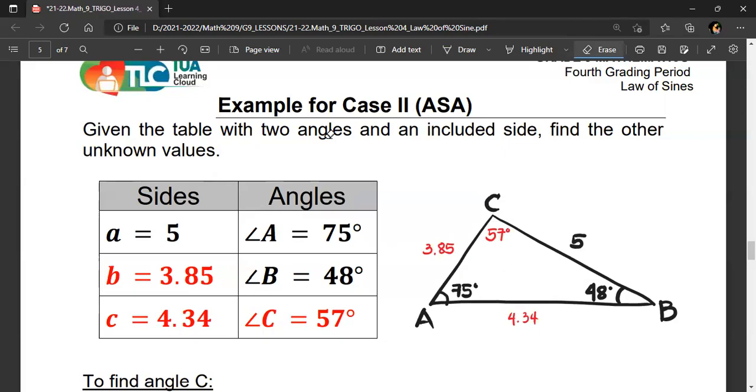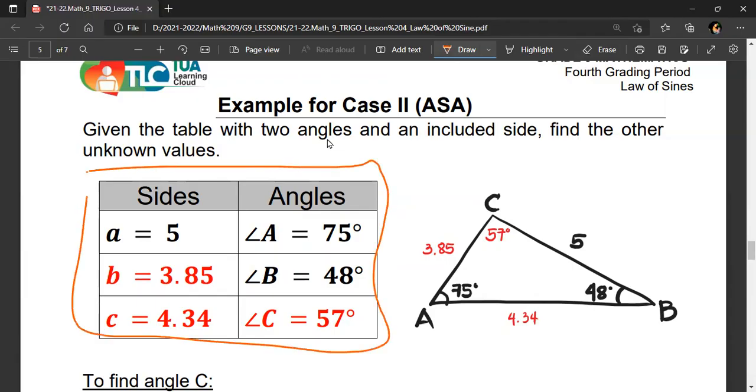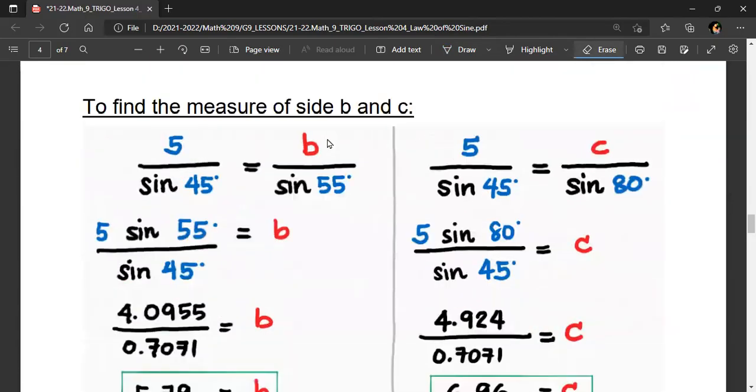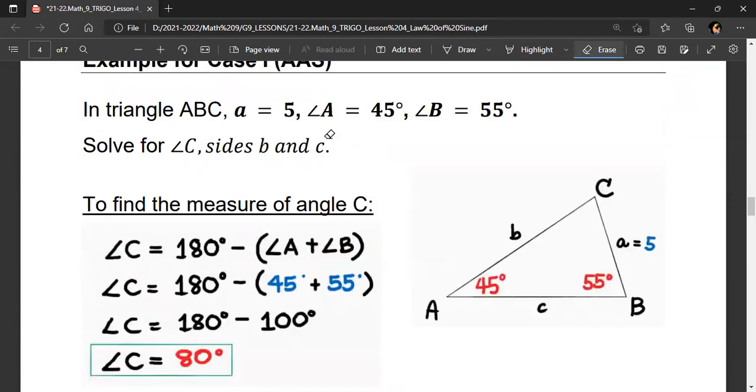Case number 2. In case number 2, we have ASA, angle, side, angle. So what I did here is that I already arranged it in a tabular format. In other problems, I didn't arrange it so that you would have a focus on the illustration.